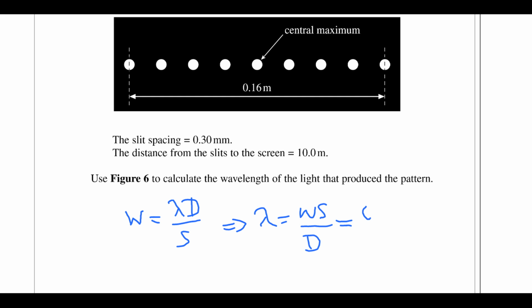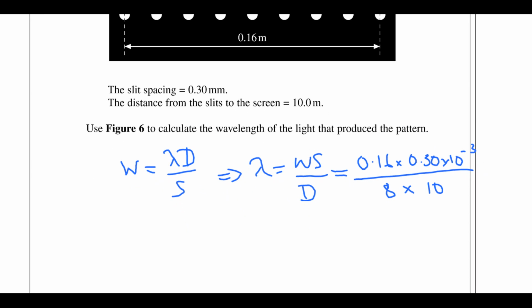So it's going to be 0.16 times 0.30 times 10^-3 to get it in meters, and we've got 10 meters there, but we've also got 1, 2, 3, 4, 5, 6, 7, 8 spacings being shown, which is 0.16. So 0.16 over 8 would give you the spacing between two adjacent ones. And then if we put that into the calculator, we end up with a value of 6.0 × 10^-7 meters.